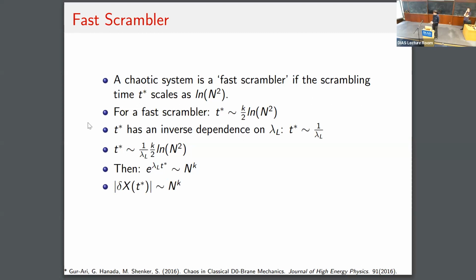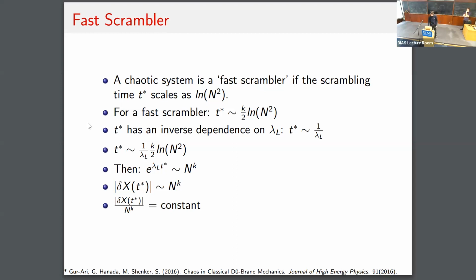So we find delta x of t at the scrambling time for many different n's, and we should find that there is some k where delta x of t at the scrambling time divided by n to the power of k equals a constant.